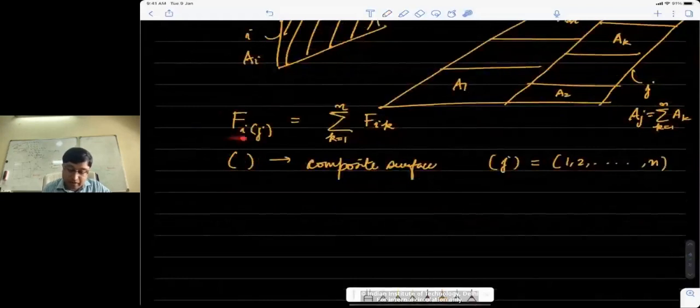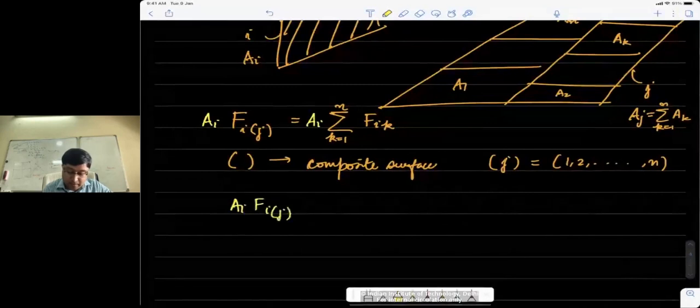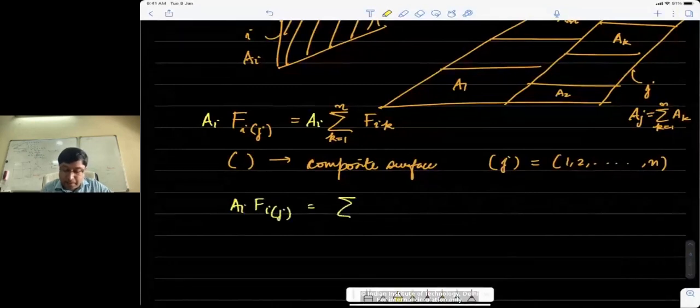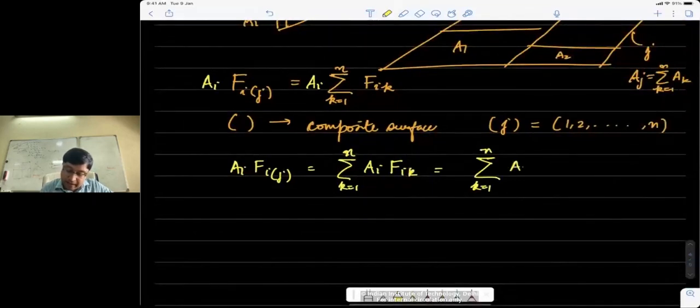Let me multiply this equation here by AI. So if I multiply this by AI, I get AI Fij to be, and since I is an independent parameter, independent of K, I can take it inside the summation and write this as AI Fik, K goes from 1 to N. And now AI Fik, using the reciprocity relationship, can be written as the sum over K from 1 to N of AK Fki.